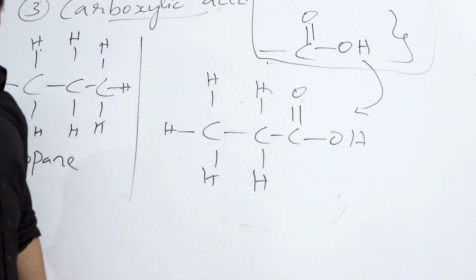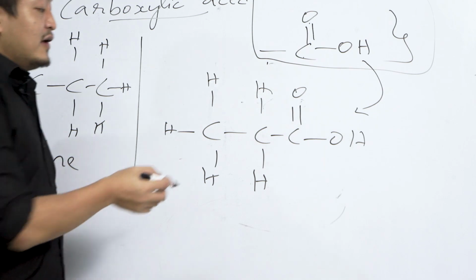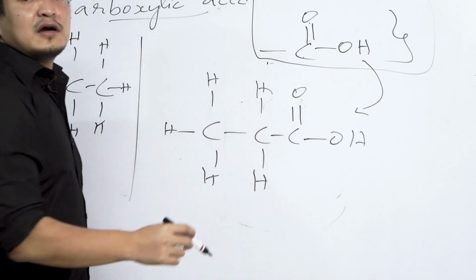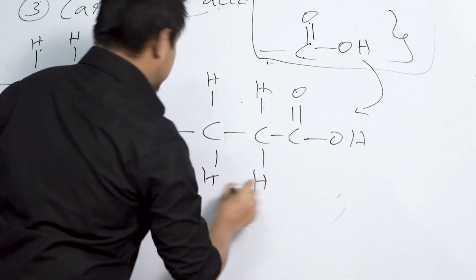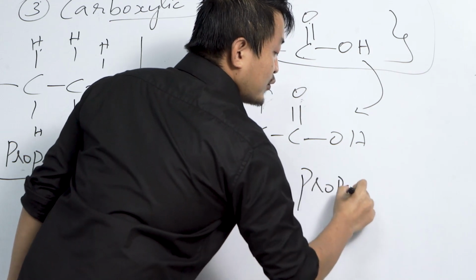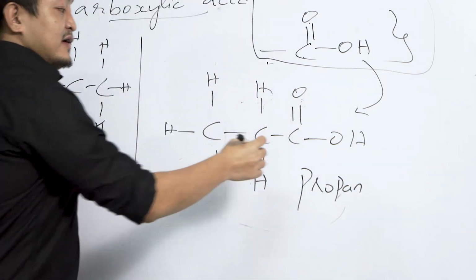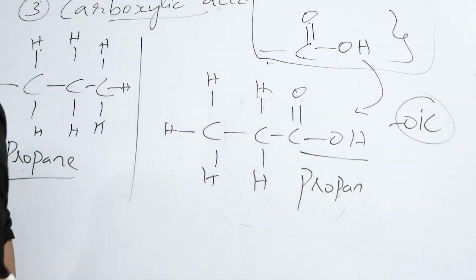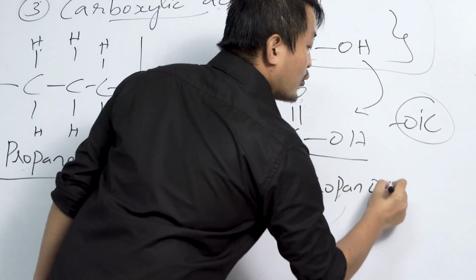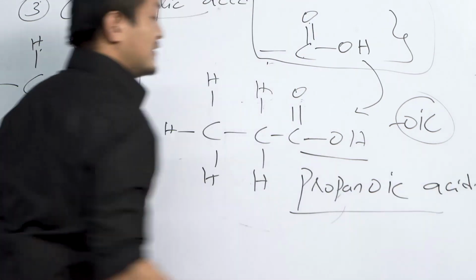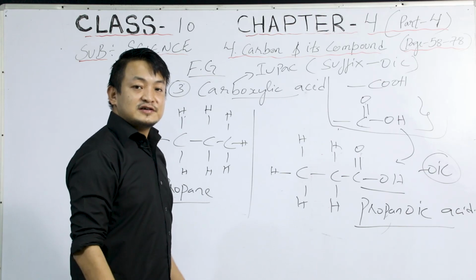See students, it's very simple, it's similar. We can see that there are 4 bonds, 1, 2, 3, 4 surrounding the carbon. So in this case, this is propane, but the functional group is carboxylic acid, so it will be oic. So it will be propanoic acid, clear? See, so the name has changed.